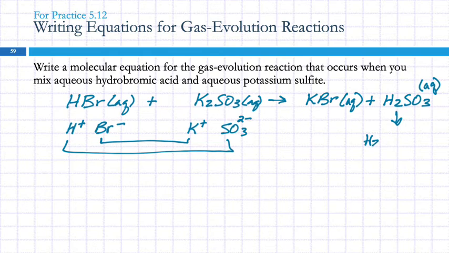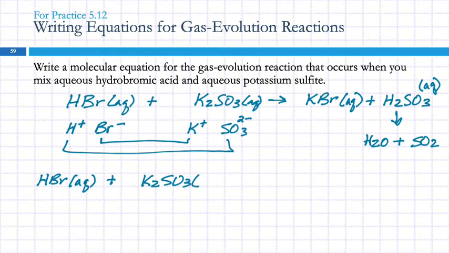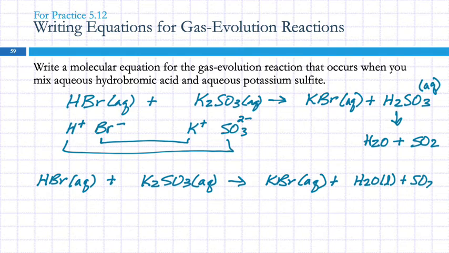It's going to make H2O and SO2. So now I kind of have a mess. So let's write this out a little better. What's the state of water? Liquid. And the SO2 is the gas.